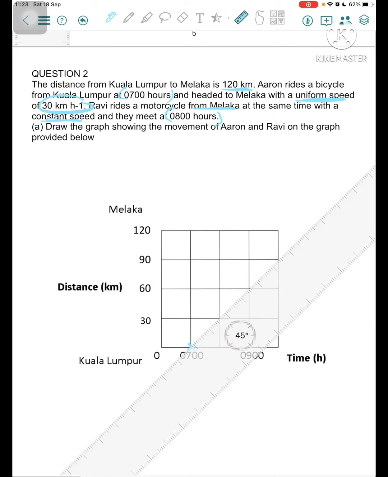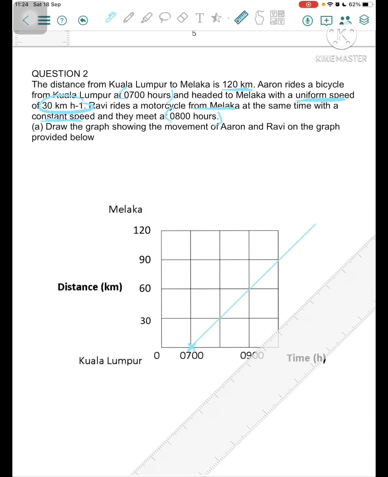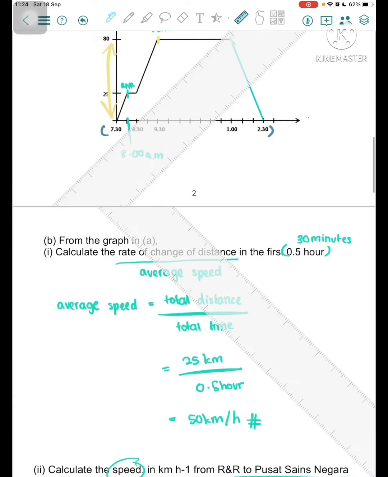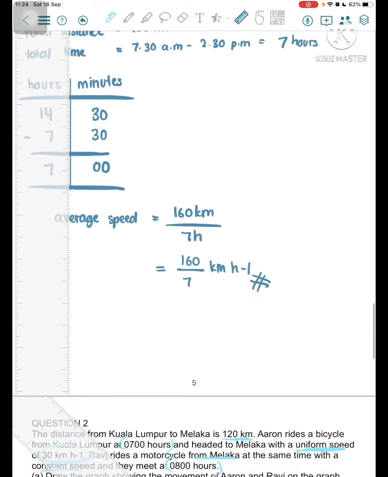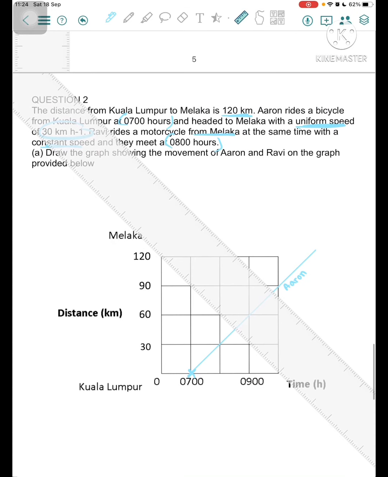So, this should be his road. This should be Aaron's road. Okay. And we put here Aaron.